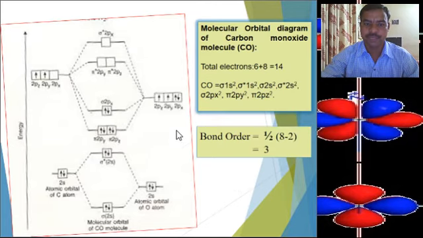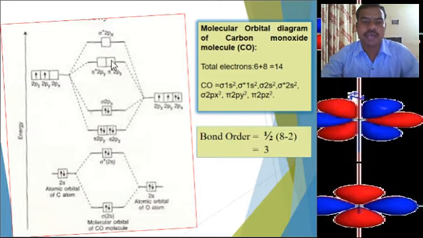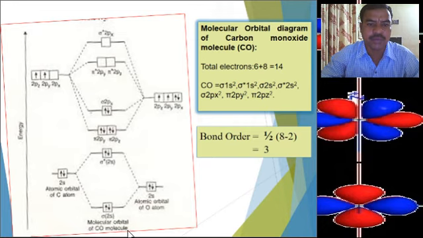Now this slide is very important. In this slide, these are the molecular orbital diagrams of the CO molecule. Here in this diagram, we see the atomic orbitals of the carbon atom and the atomic orbitals of the oxygen atom, along with their energies. In the middle is the molecular orbital of the carbon monoxide molecule.